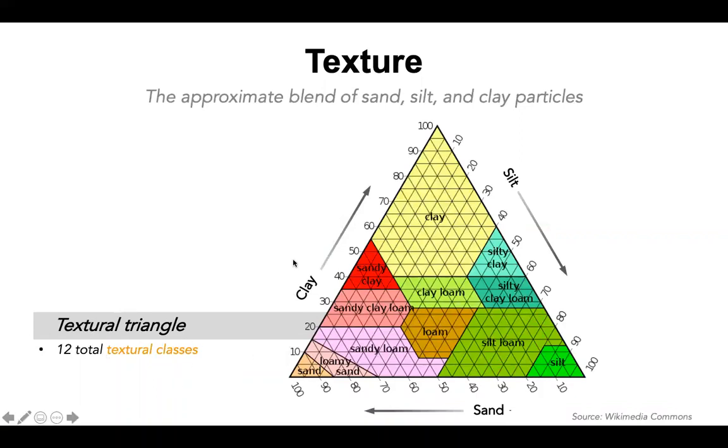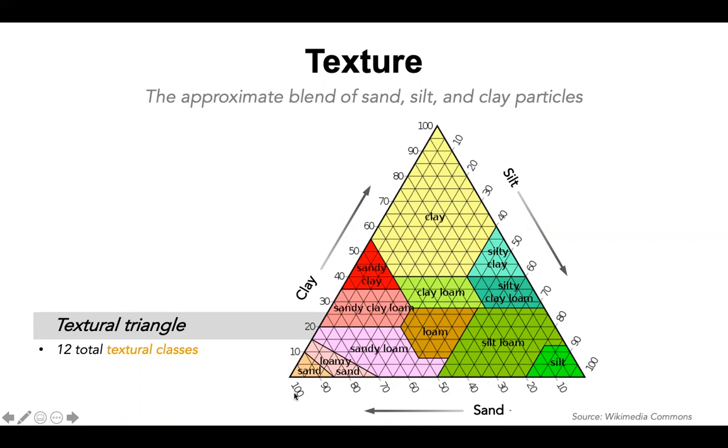So the way that you read this textural triangle is this side right here refers to the amount of clay going from 0% all the way down here to 100%. This here refers to silt, again, going from 0 to 100. And here is sand, 0 to 100.